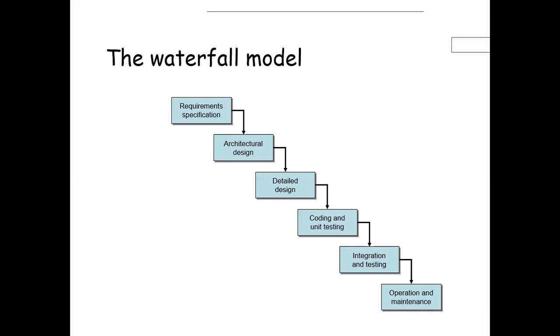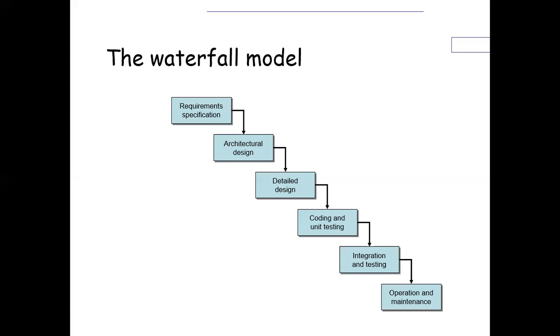After coding, the component can be tested. The next phase is integration and testing. Individual components that have been tested must be integrated. Testing is then done to ensure the correct behavior of the system. Acceptance testing is then done with the customers to ensure that the system meets their requirements.